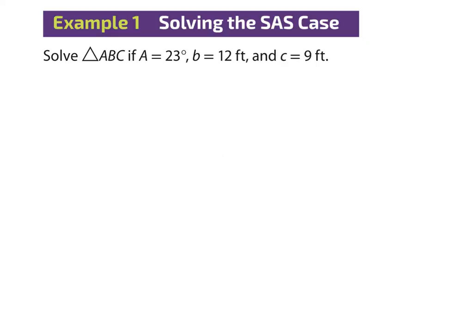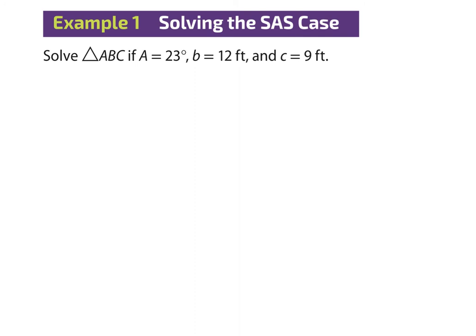Let's look at using it first. The first one is just solving. How do I know that I need to use the law of cosines? Well, they gave me angle A, and they gave me side lengths B and C, and they want me to solve for all of these. So I'm going to solve for the side that's opposite the angle.